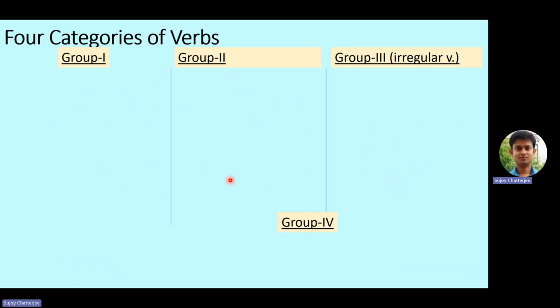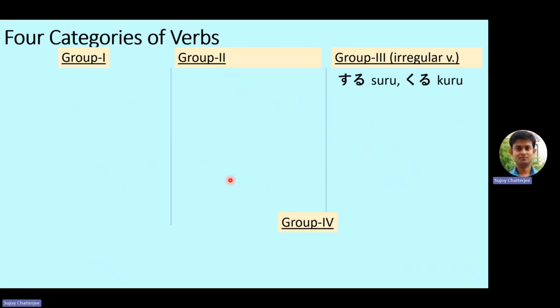We will have a quick recap of what we learned about these 4 categories of verbs, because these categories define which rule is to be used for the conjugation to transform these root verbs into their mas forms. There are 4 categories of verbs in Japanese grammar: group 1, group 2, group 3, and group 4. Let's look into these one by one.